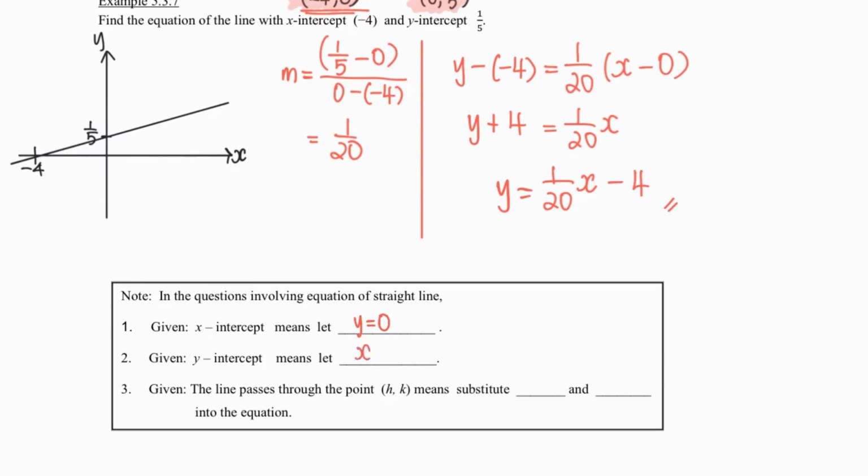Y-intercept means let x equals to 0, since the x coordinate is this. And if we have the line that passes through (h, k), substitute x as h, y as k into the equation.